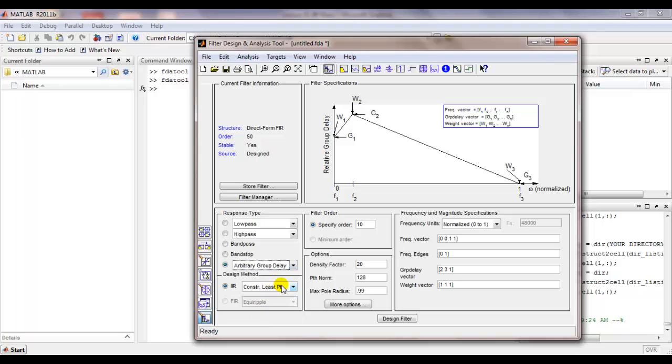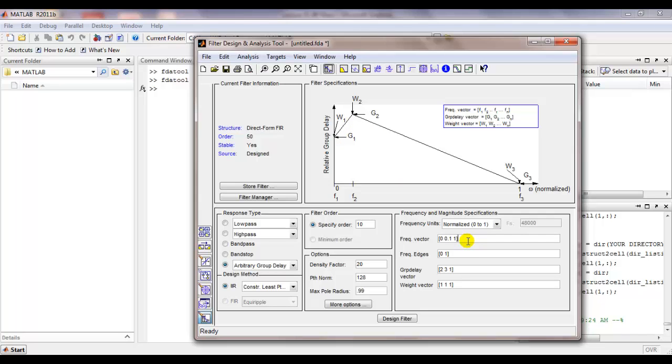It is a computational method which lets you design a filter which has an arbitrary kind of group delay. You tell us from this to this end, I want, so it takes inputs of frequency vectors.